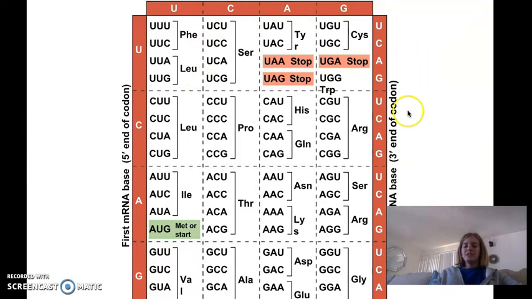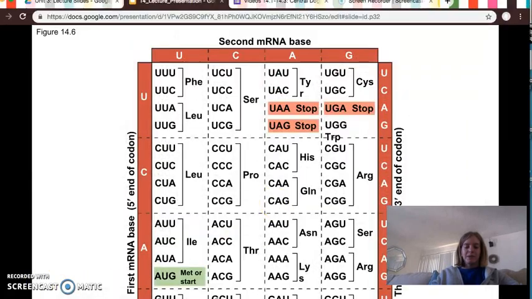All of these have different codes for different amino acids, but we have 3 stop codons, and then AUG technically codes for the amino acid methionine, but it can also serve as the start codon, which will come in handy when we talk about transcription. So that's where we're going to stop for the intro, and the next video will be about transcription.